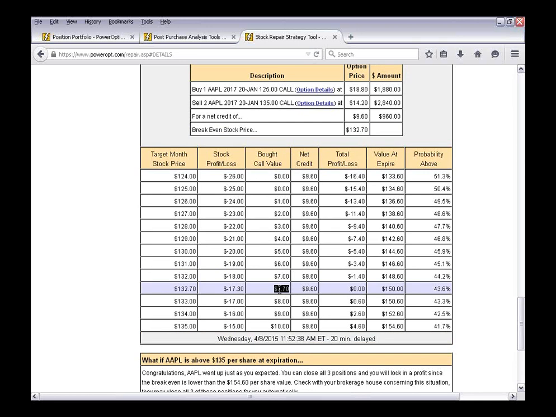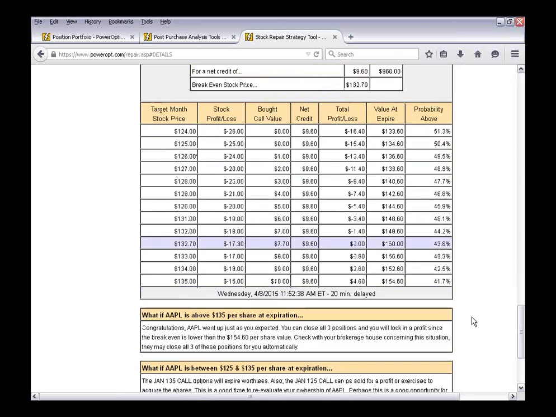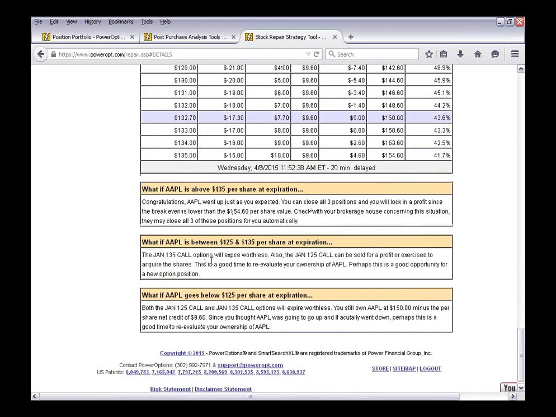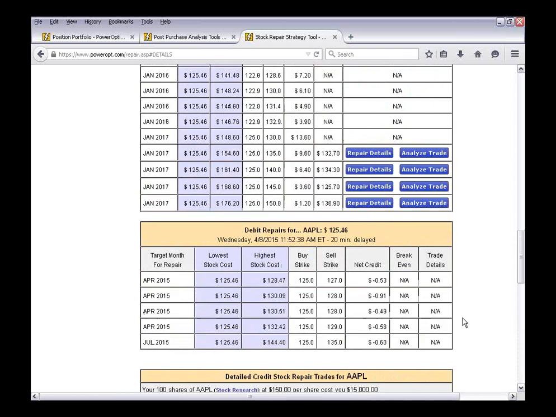So we have $7.70 of value in our long call. We keep the 960 credit. This gives us that $17.30 back, so we're right at break even. And of course, we could make more of a profit if the stock went up to 135, to the max range. Then down below it just shows you some basic discussion on what happens if the stock is above 135, between your strike prices, or below 125.